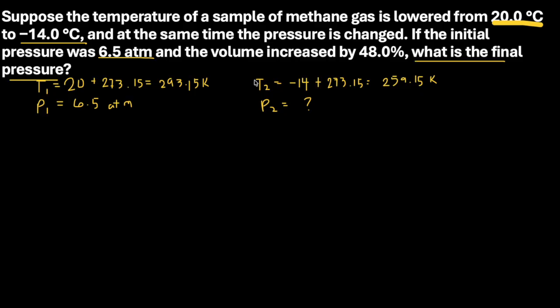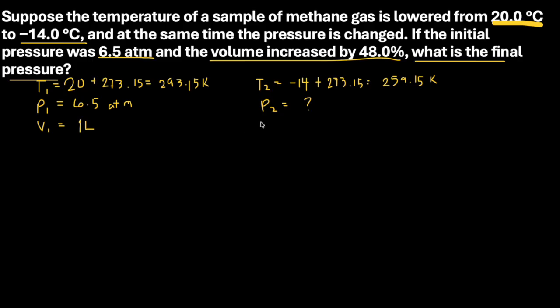And then the problem says the volume increased by 48%. But the problem does not give us an exact volume. It just said it increased by 48%. So when you're given problems like this, you can assume any volume. So let's just say the initial volume is 1 liter.